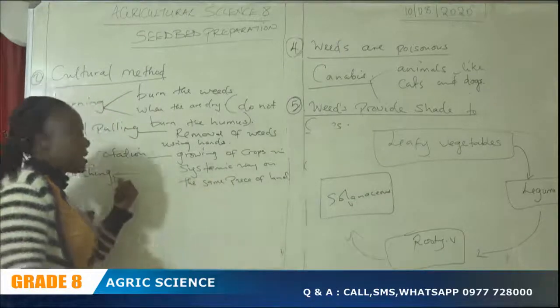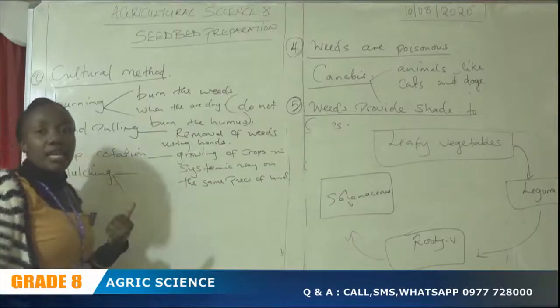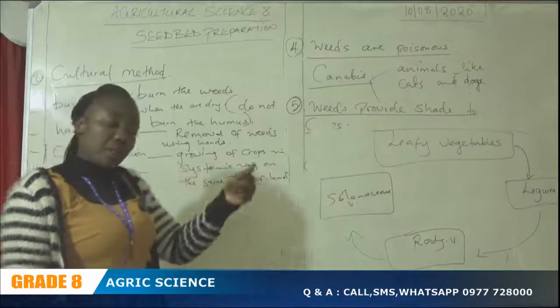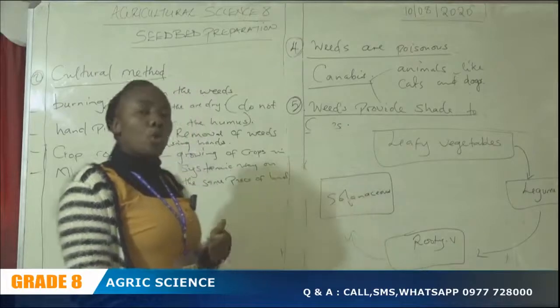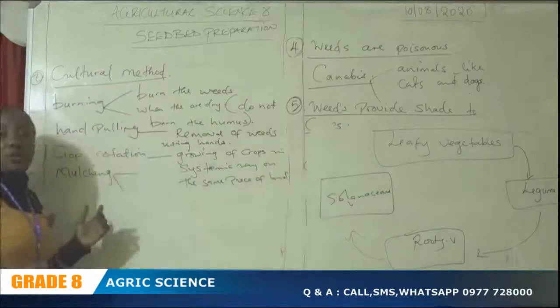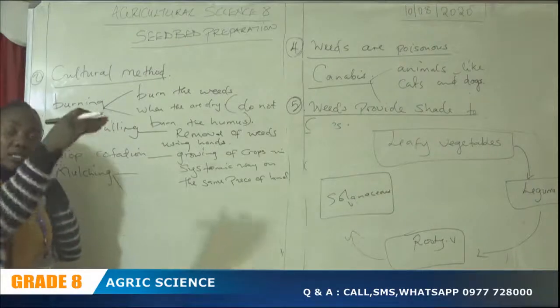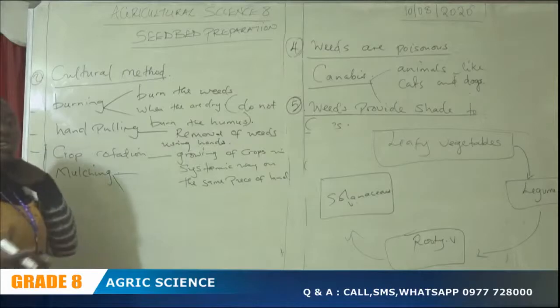Apart from suppressing the weeds, mulch is also used to prevent the evaporation of water from the ground, because when we put water in the ground, we want that water to last for so long. So mulching is used in so many ways. The first, it lets less sunlight penetrate to the crops that have just germinated, because they're not yet strong.